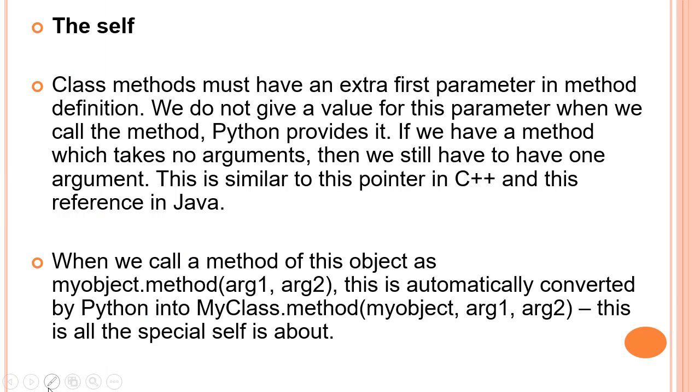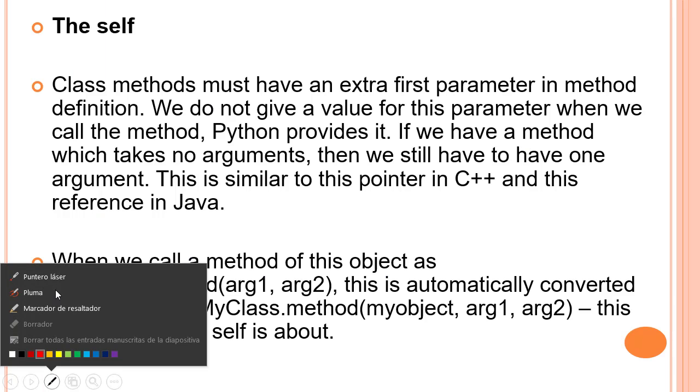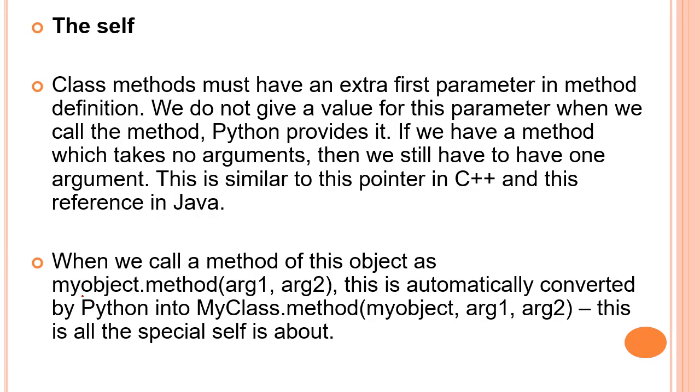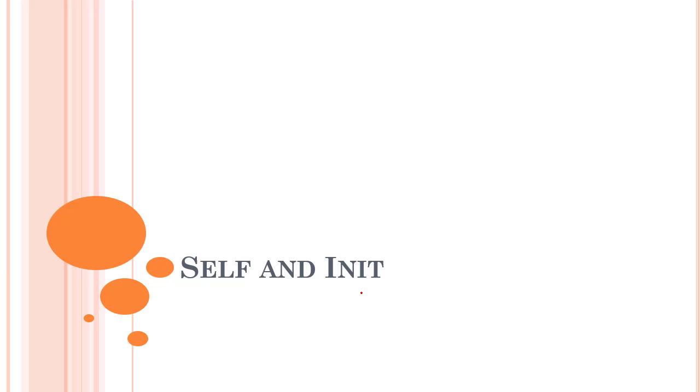So, what exactly is self? Before going into the next part, let me give you an example of what the structure looks like. So, we have, let's say, class, some name over here, and over here we can just write an init function.